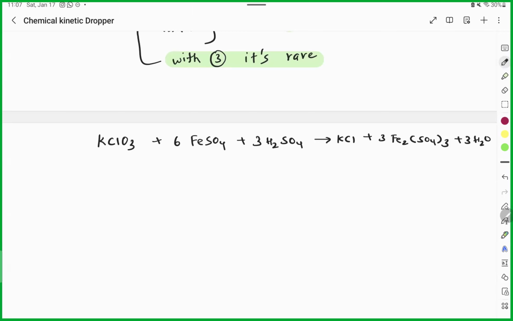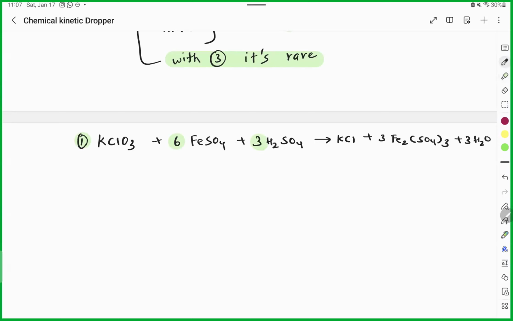Based on this, here you have coefficient 1, 6, 3, so the total is 10. So what should be the molecularity according to this? 10. According to this, molecularity should be 10.